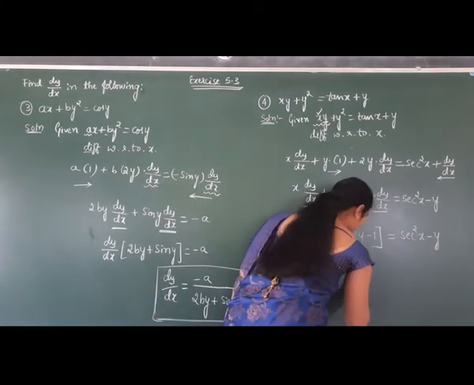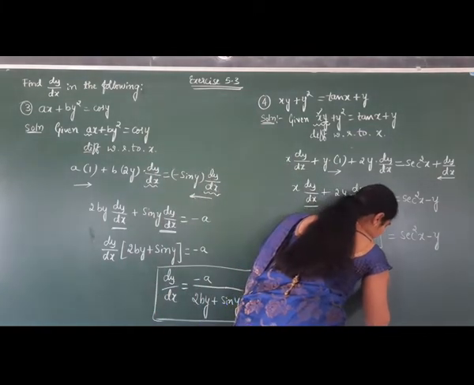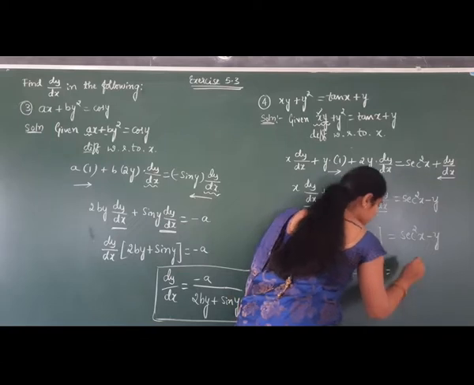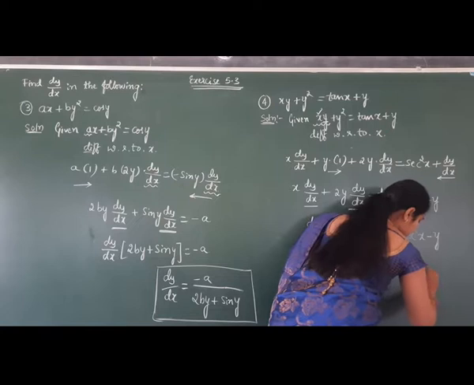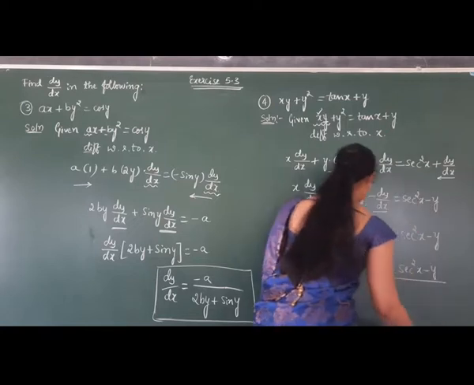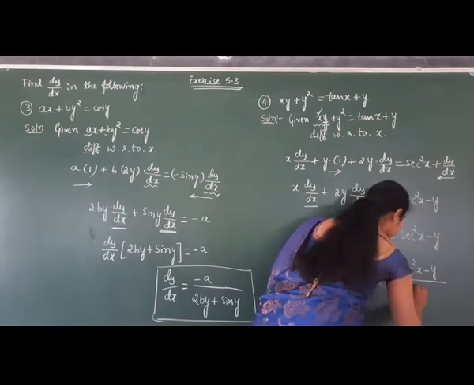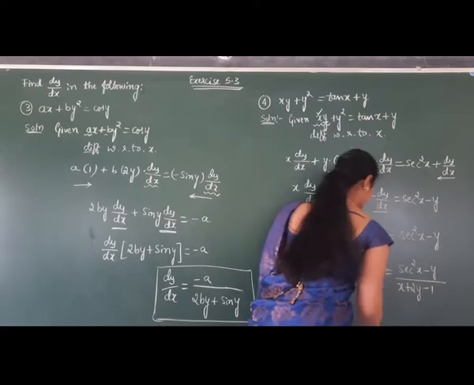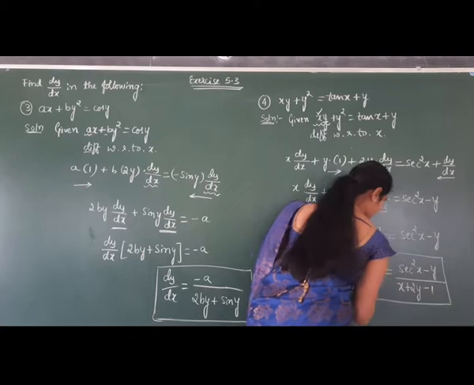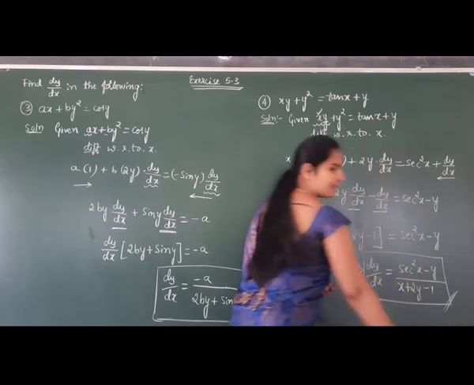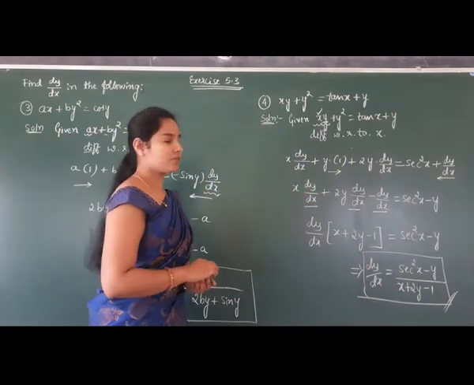So this implies dy by dx is equal to secant square x minus y divided by x plus 2y minus 1. That is the derivative of y with respect to x. Clear? So the next question.